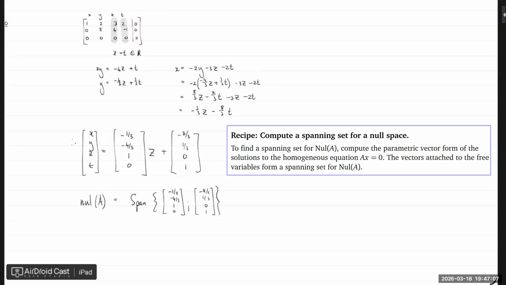So it just comes down to this: the span of the homogeneous solution set, whatever that span is, the vectors needed to create that span, those are the null space.